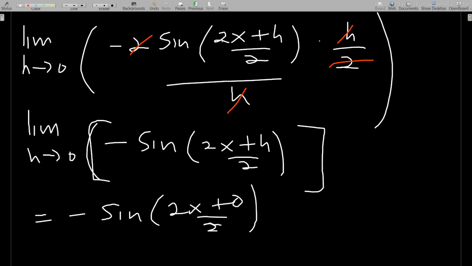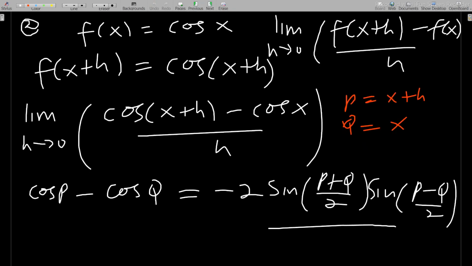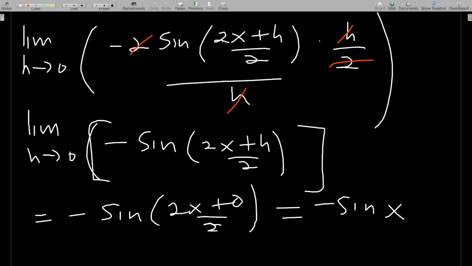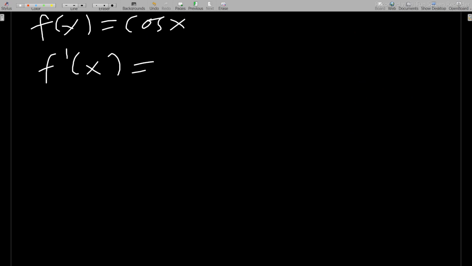And this will be equal to minus sine of x. So when f of x equals cos x, what we just found is that the derivative f prime of x will be equal to minus sine x.